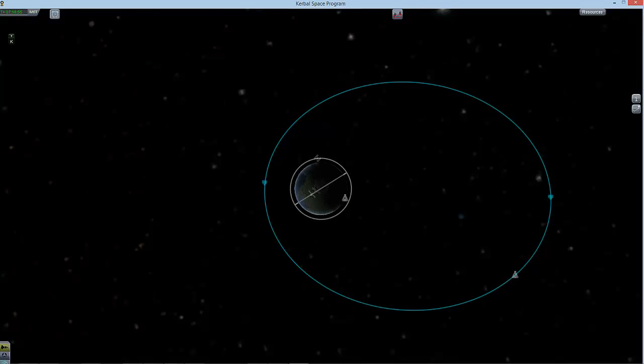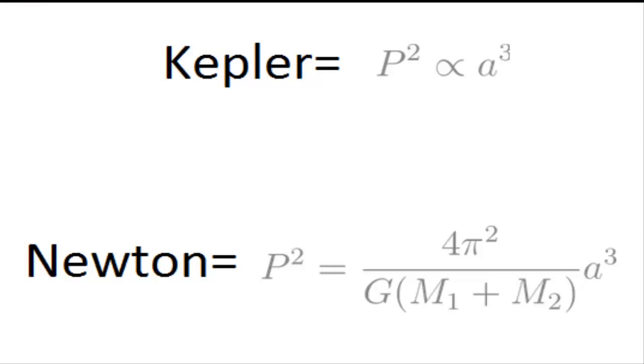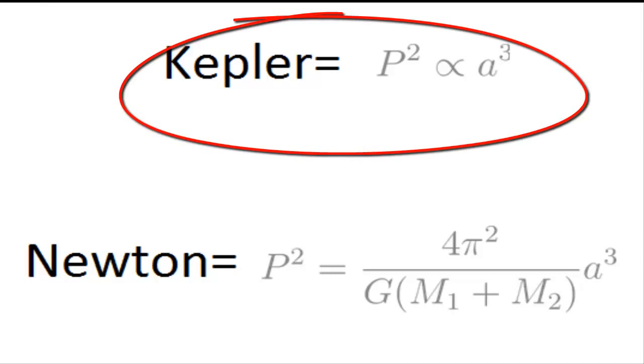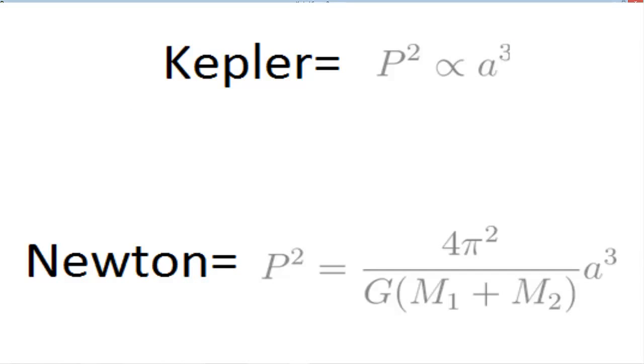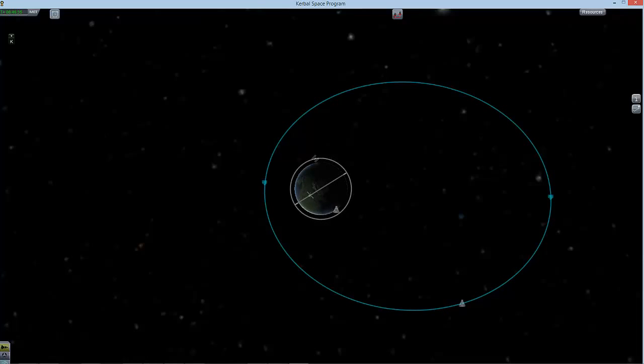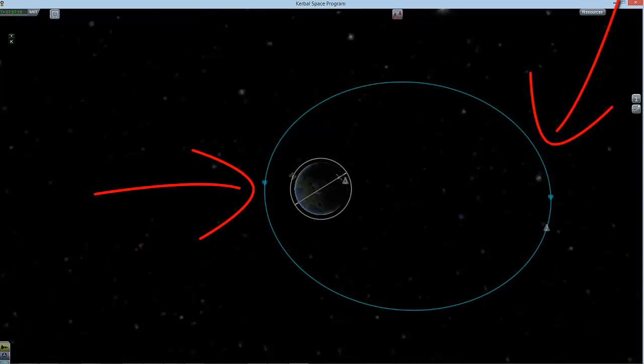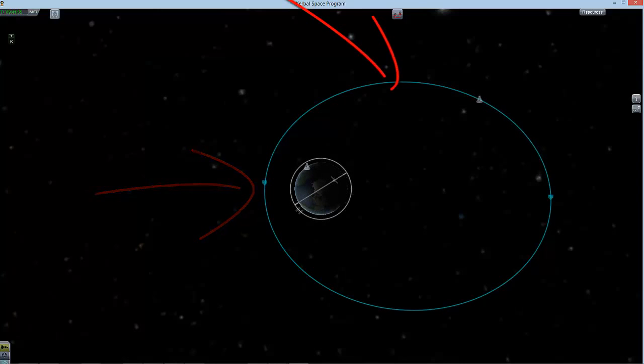Now, as far as the last law, it is important to note the differences between Newton's and Kepler's version of the third law. As shown, Kepler's law is cleaner, but it's only useful when you're dealing with solar systems. It's only useful when there are two bodies interacting with one another, and one of them is much more massive than the other.